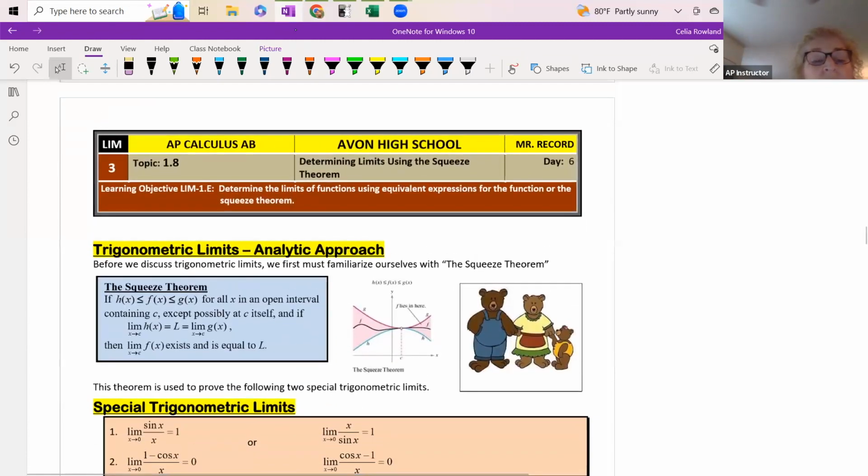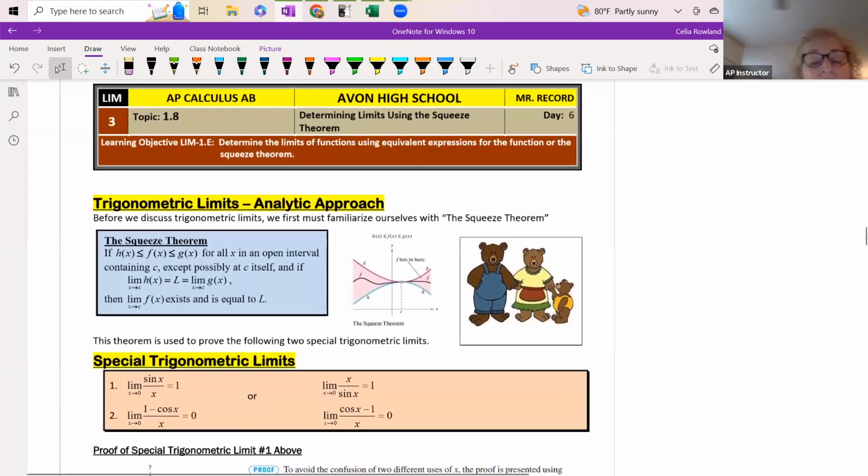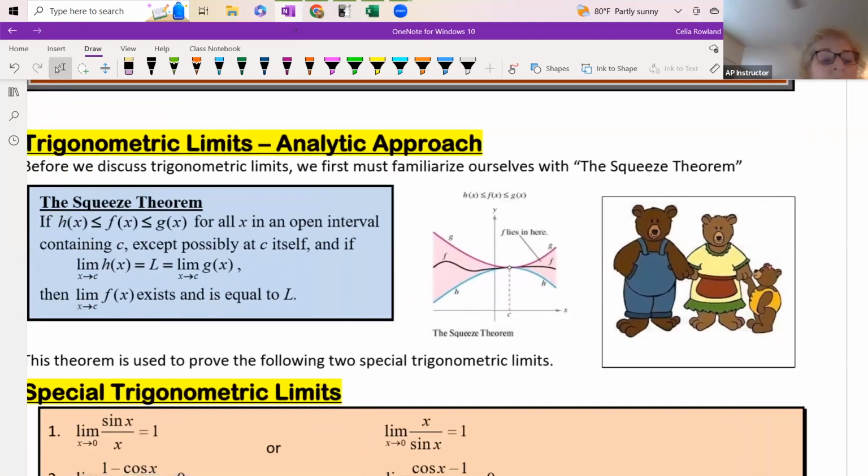So we're going to look at trig limits today and kind of the analytical approach that happens with them. So we actually are showing them by doing what we call the squeeze theorem. And the squeeze theorem says this: I have two functions, h of x and g of x. And at some point C, h of x and g of x are equal to each other. So notice that these are less than or equal to signs.